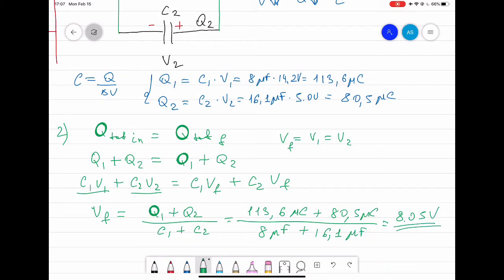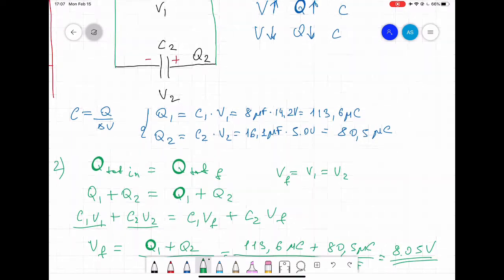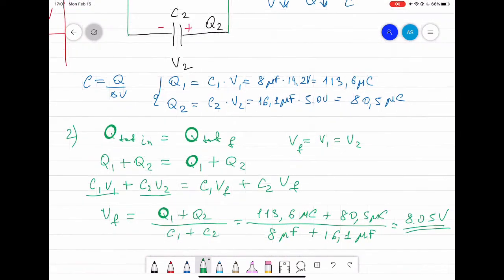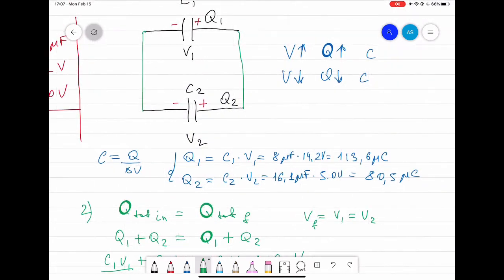After connecting them, we have the potential difference across each capacitor, which I call V final.